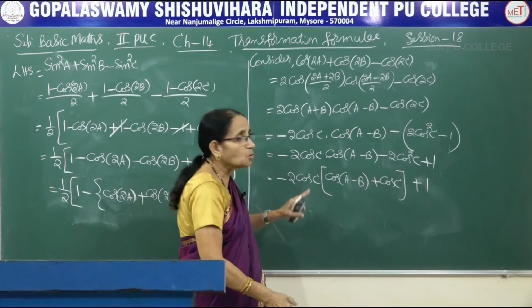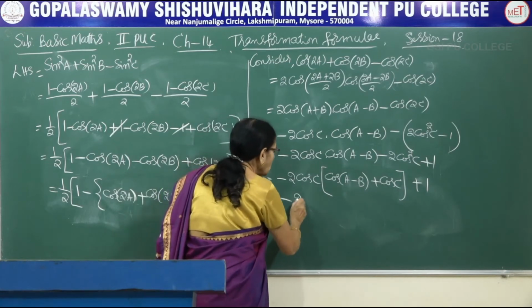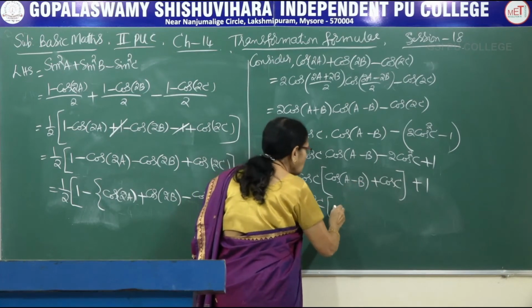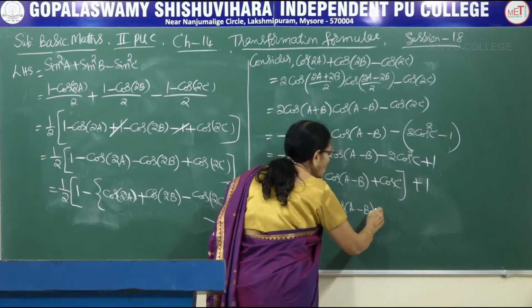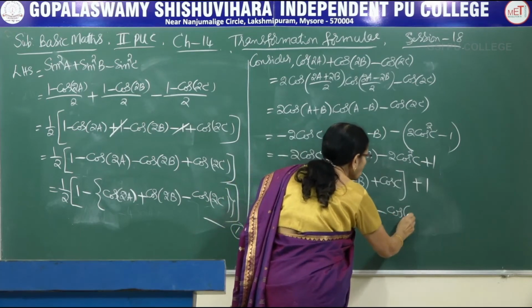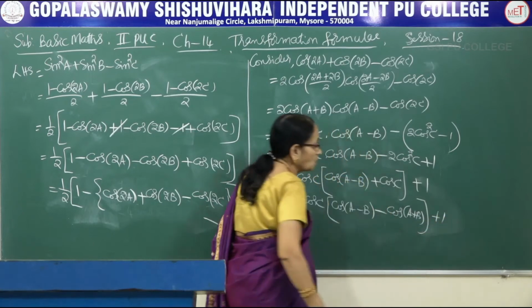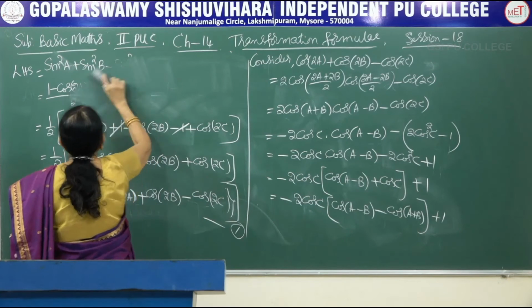Now again, using the fact that A plus B plus C is 180 degrees, we can write this angle in terms of A and B. It becomes cos A minus B minus cos of A plus B. Close the bracket, then write one. Don't get confused, and you have to write all the terms here.